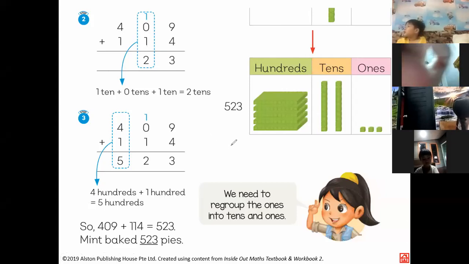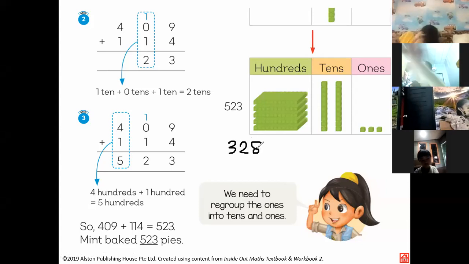Okay. I have another example, class. Let's say I have 328 cookies, okay?